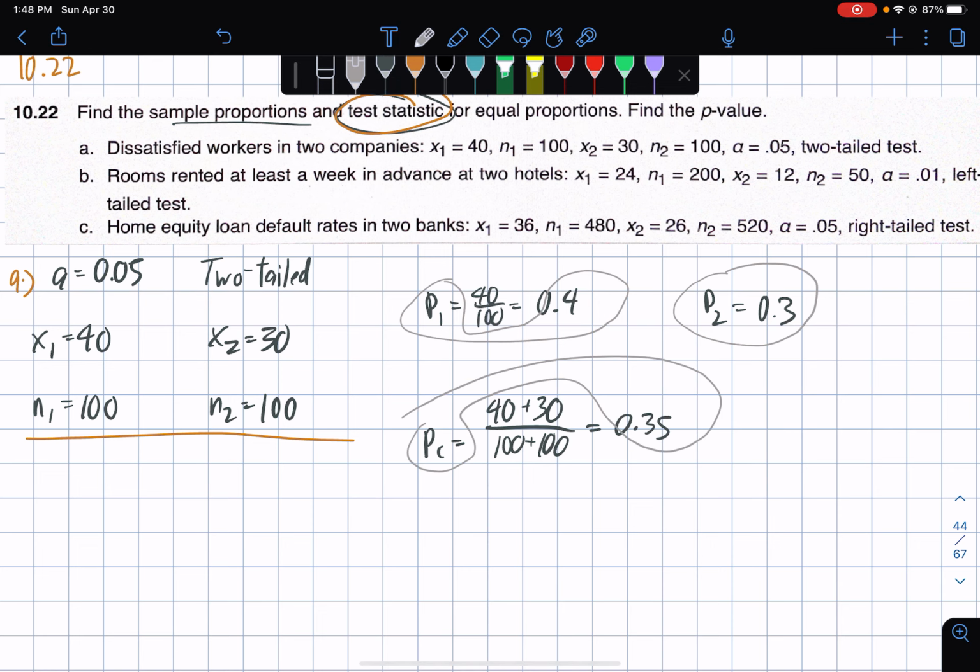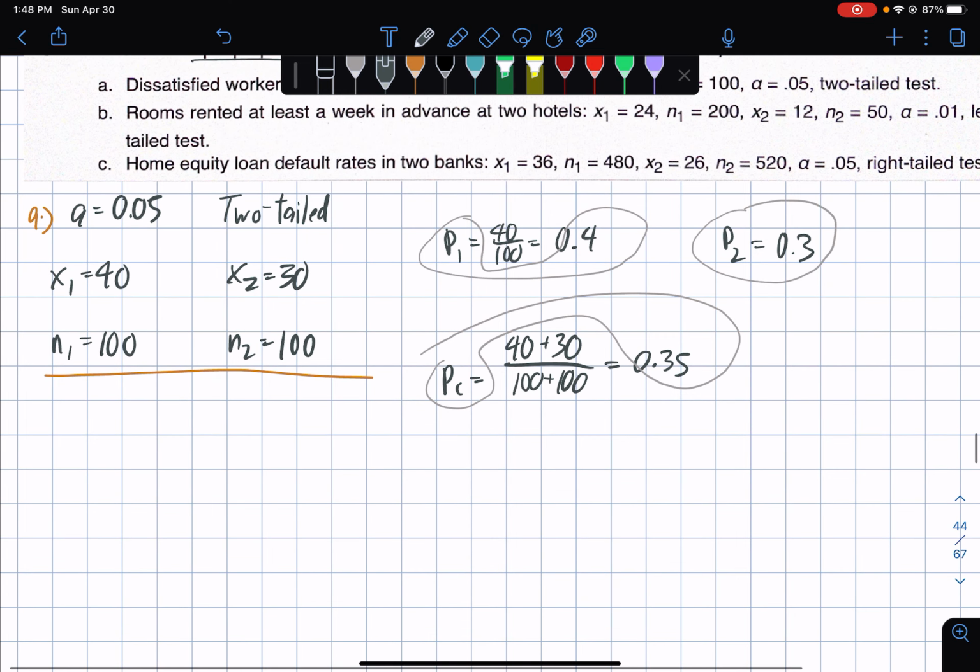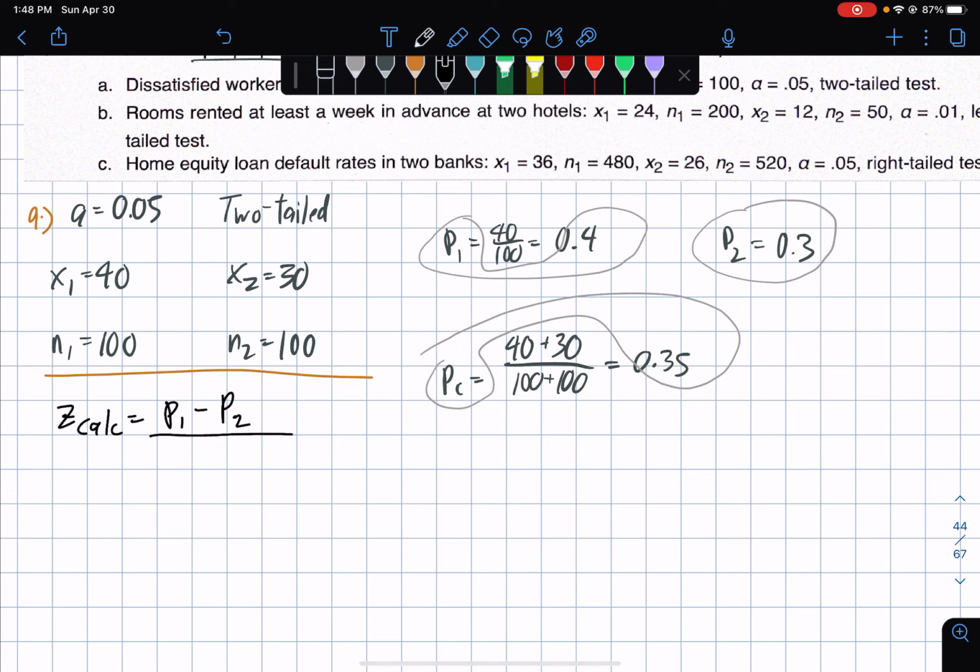Okay, so we found all the three variables. Let's use the actual formula now. Again, let's recall that it's P1 minus P2 over PC times the quantity 1 minus PC times 1 over N1 plus 1 over N2. Denominator has a square root.